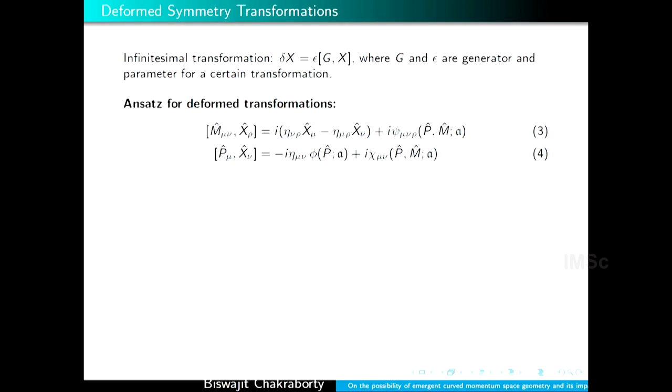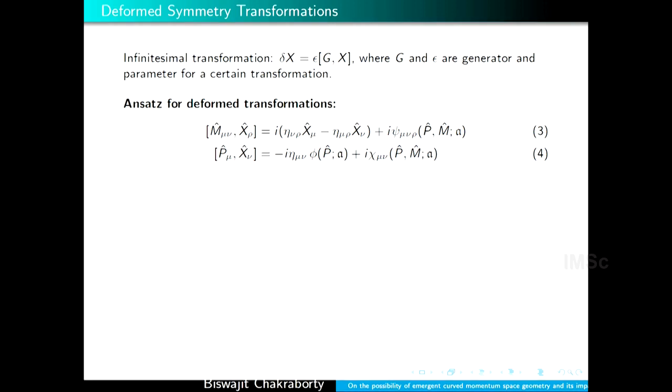And so to proceed further, we consider the action of the Poincare generators on x mu's. And here the action, I take it to be deformed, and these deformation parameters are captured through these 3 objects, psi, phi and chi.